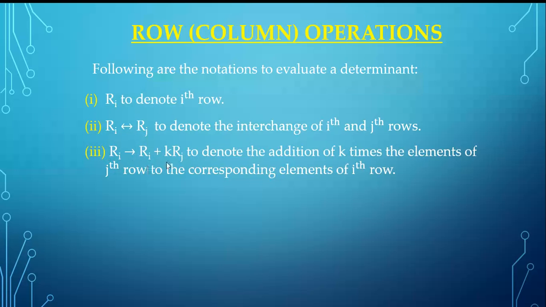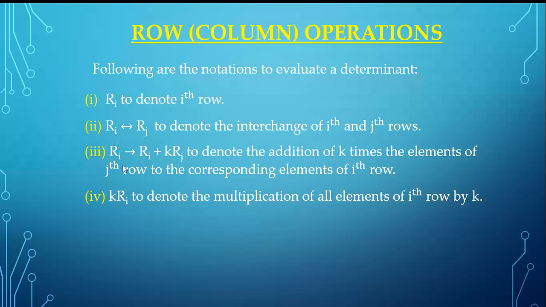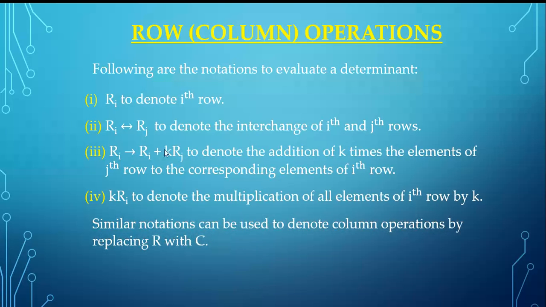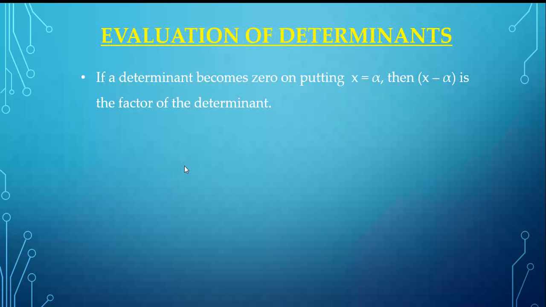So when we use this operation, our ith row will be changed. We can use k Ri to denote the multiplication of all elements of the ith row by k. Similarly, all these notations can be used in column operations, right? Like Ci interchange to Cj, Ci implies Ci plus k Cj, with the column operations.